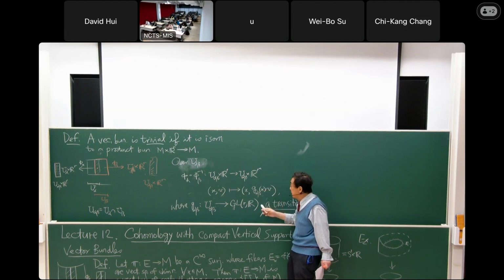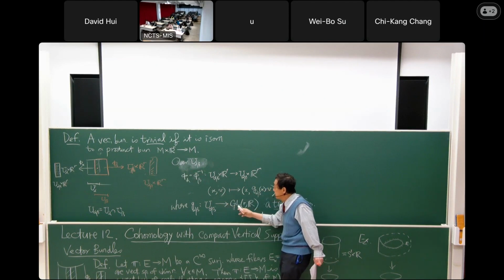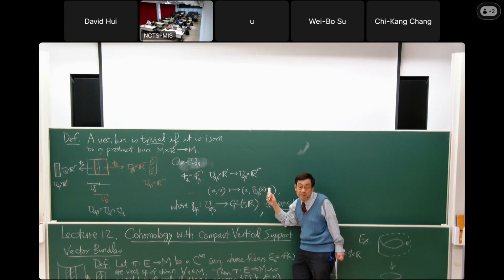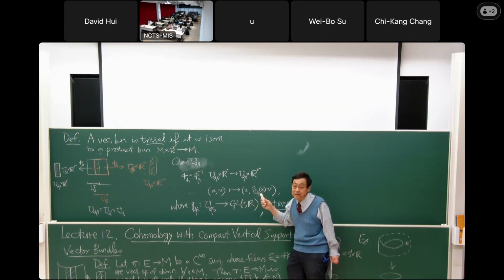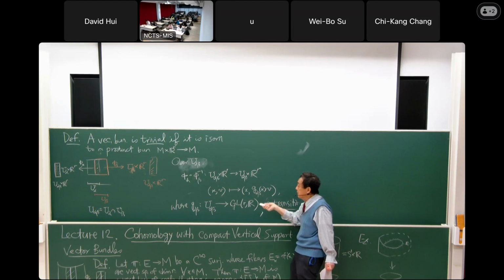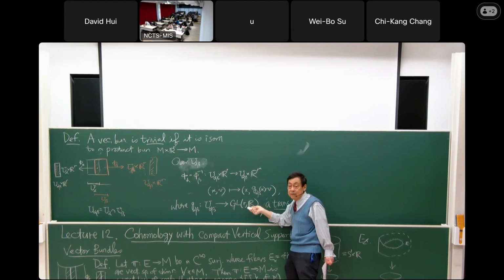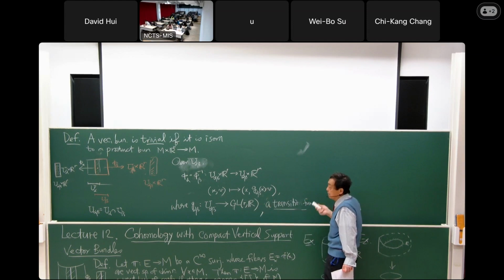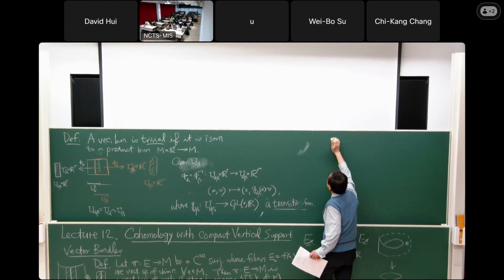And then the transition function would have values in a subgroup of the general linear group, GL plus, the subgroup with positive determinants, right? So sometimes you can have transition functions with values in a subgroup. And that is called a reduction of the structure group, okay?